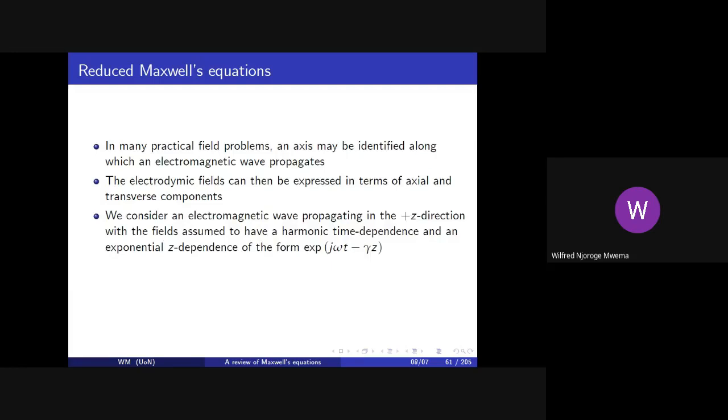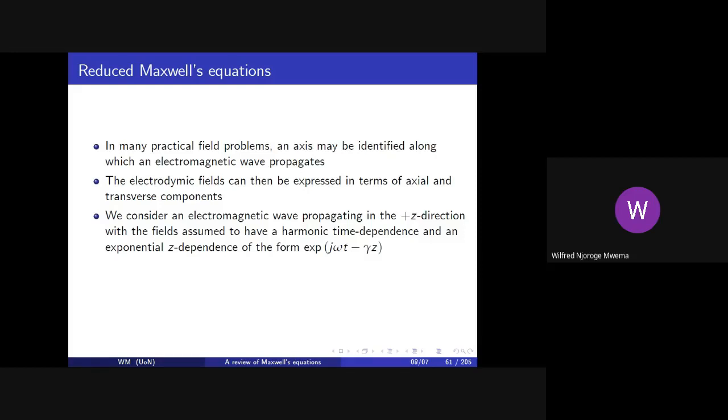How we are going to do it is that we are going to consider an electromagnetic wave propagating in the positive z direction, where by implication we are choosing z to be the axis of symmetry that we shall be using. So the fields are assumed to have a harmonic time dependence and an exponential z dependence of the form e to the power j omega t minus gamma z, that is a sinusoidal kind of variation with time.